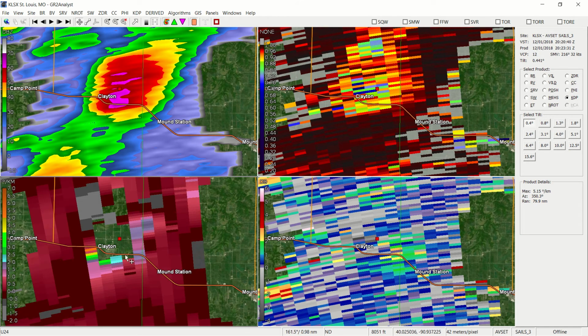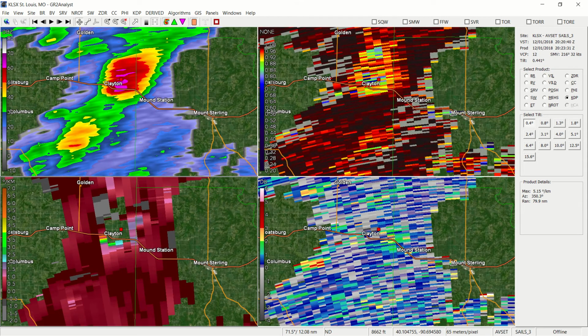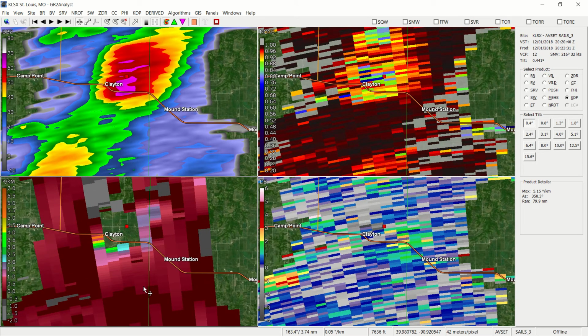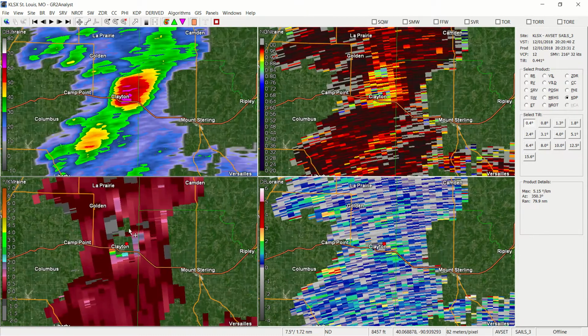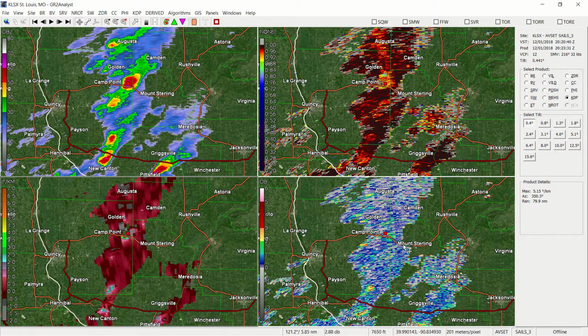It's the change in the differential phase shift. What this is really good at is picking out areas of heavy rain, and it also gets rid of any hail parameters. It takes hail out of the equation and just looks at the heavy rain in a particular scenario.